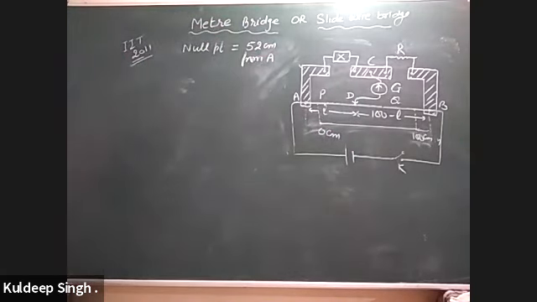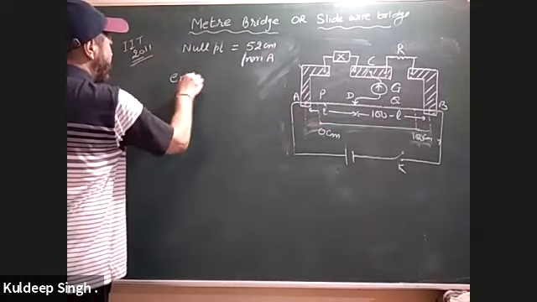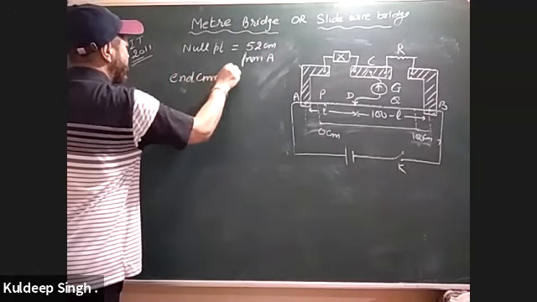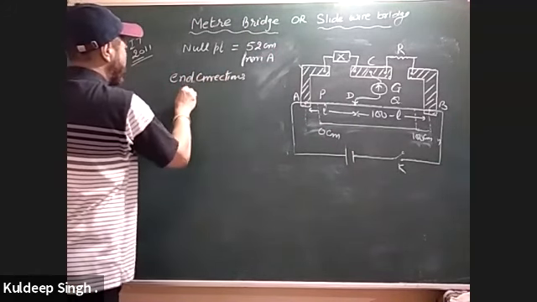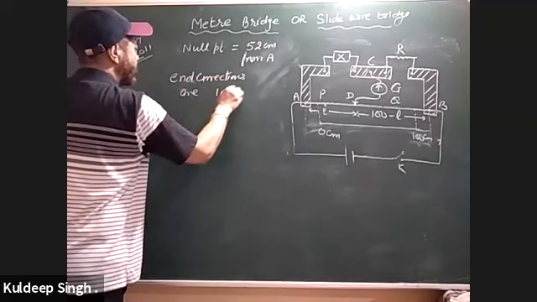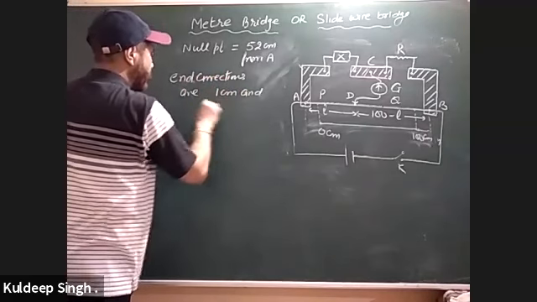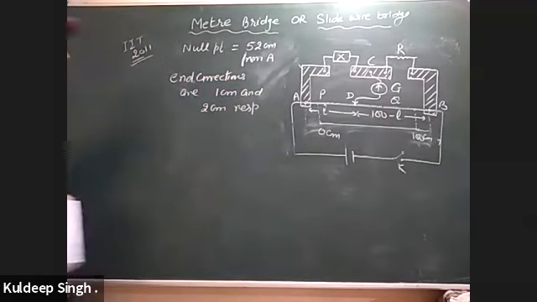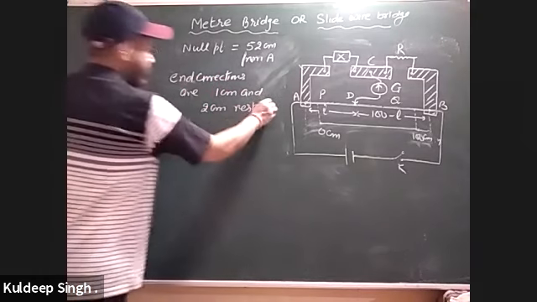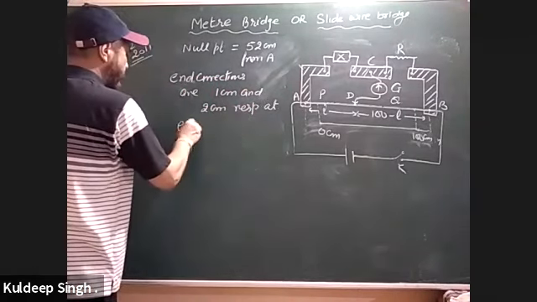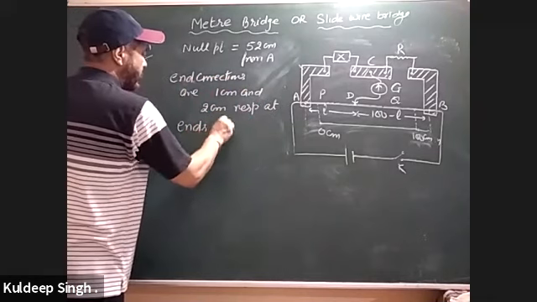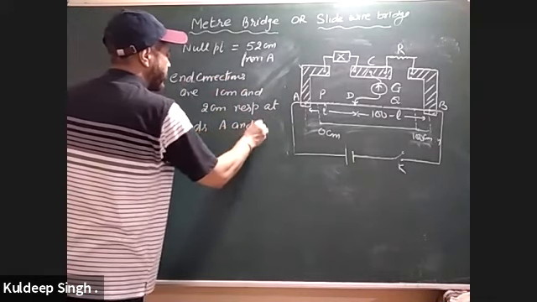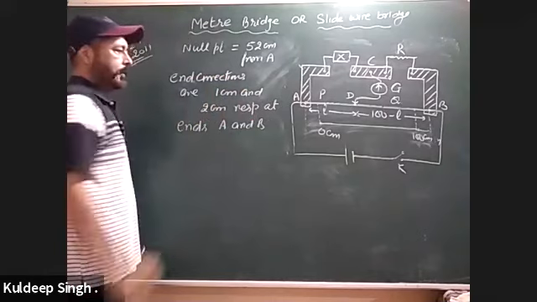Then the end corrections are 1 centimeter and 2 centimeter respectively at the ends of A and B. So what are this 1 and 2 centimeter?